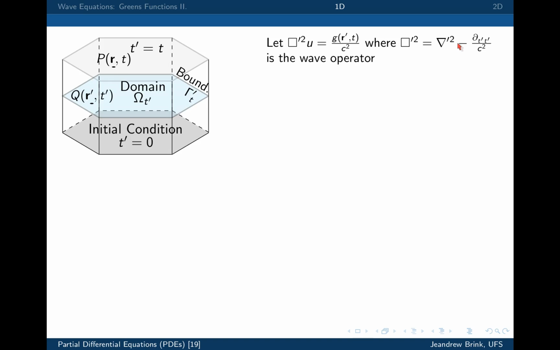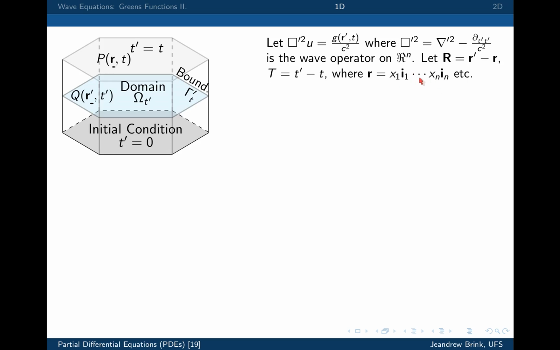Okay, and we call that the wave operator in R^n, so it's true for any dimensionality because this is an operator that works in any dimension. And we then went about and found the symmetrical solution. So we started to look at solutions that are only dependent on the distance from the source. So we defined r to be r prime minus r and t to be t prime minus t, where r is a vector in n-dimensional space.